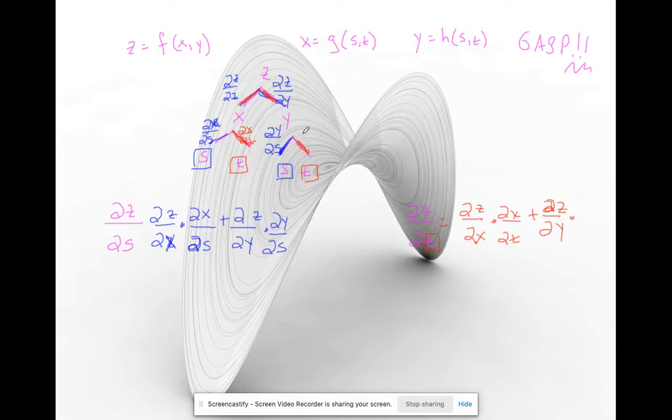Times, and again, I can see the chain, be the chain, and notice that I have two partials added together. I kind of think of that as giving me my whole partial, right? So let's do an example like that.